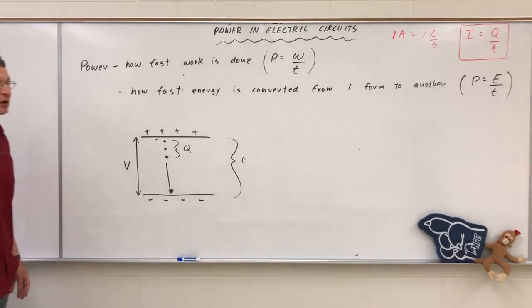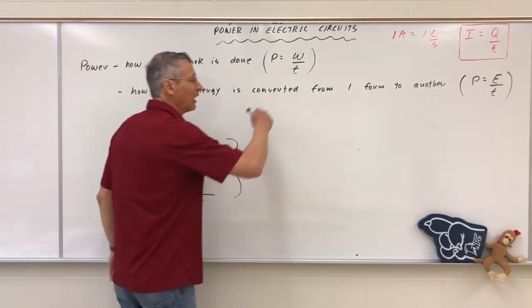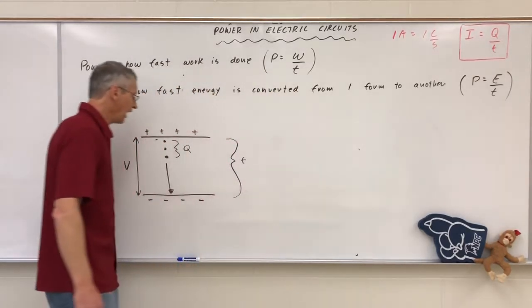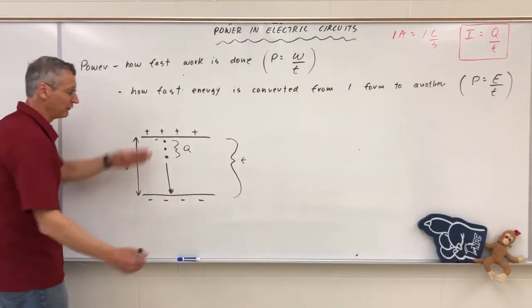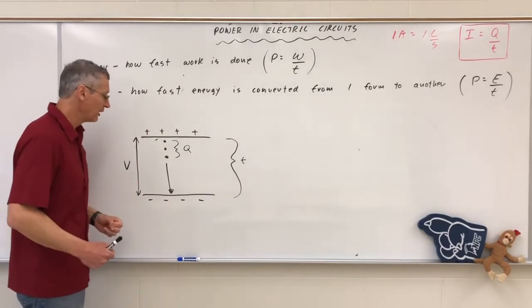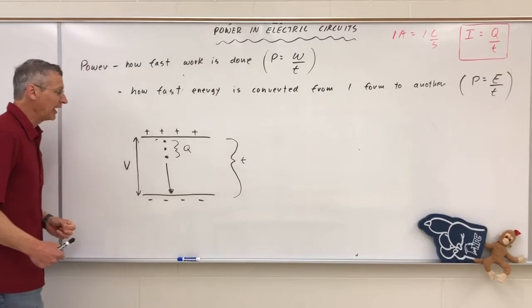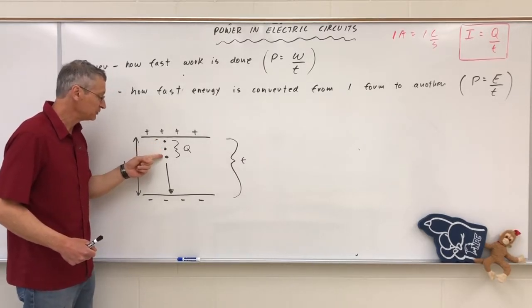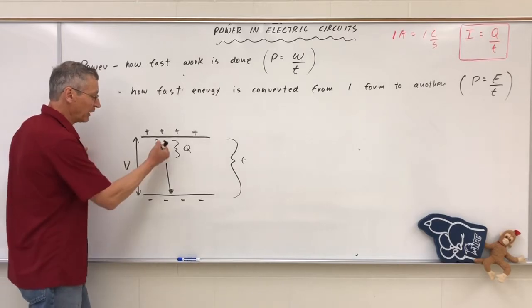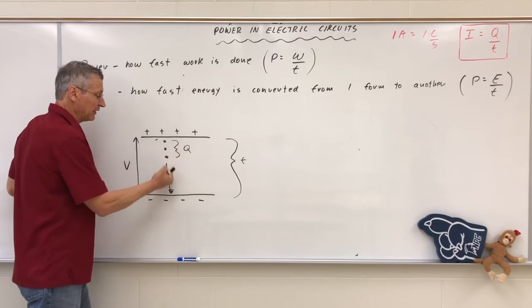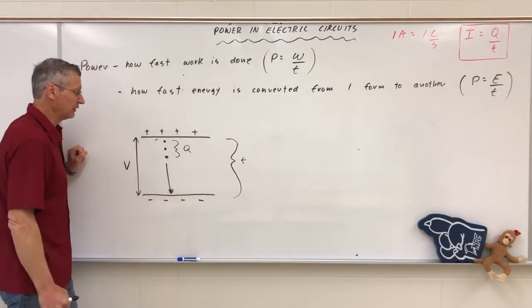Before we take a look at power in an actual electric circuit, with a source on one side and a load on another, how about we take a look at our favorite piece of electrical apparatus, a pair of oppositely charged parallel plates. Suppose we take a bunch of little charges and do work on them, dragging them from the positive plate down to the negative plate.